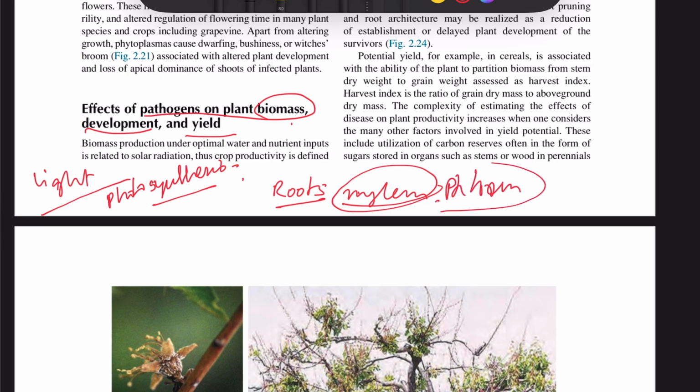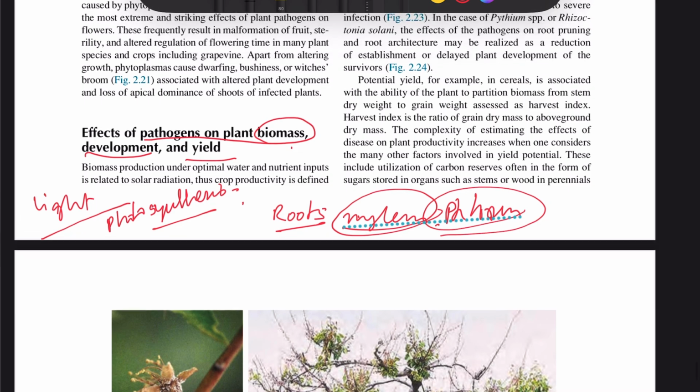If they target phloem also, and they steal the food, they convert the assimilate tissue to sink tissue, so there is no availability of food and plants get weak, again hampering the overall development and yield of a crop.